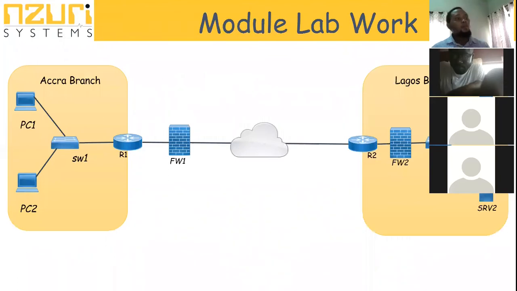Now, for the lab work or the lab assignment for this particular module, our task is to draw this particular topology you see inside Packet Tracer. Okay. Now, for those of us who already have Packet Tracer, I'm sure we know how to use it.